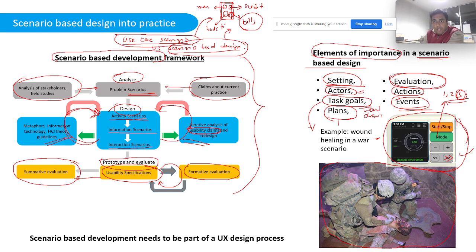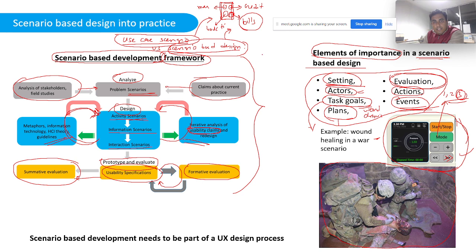So these are some of the elements which one needs to capture in scenario based design. Now these are very generic in nature. Scenario based development frameworks have been used for ages in various design domains, whether you are talking about product design, industrial design, automotive design, UX design.